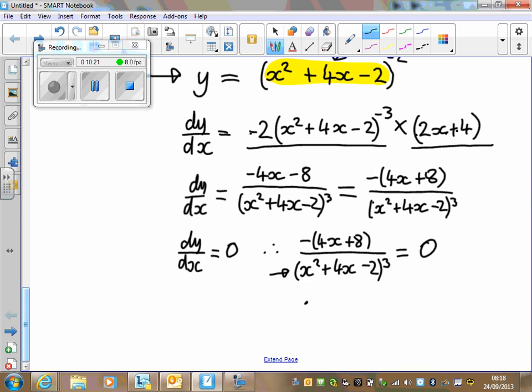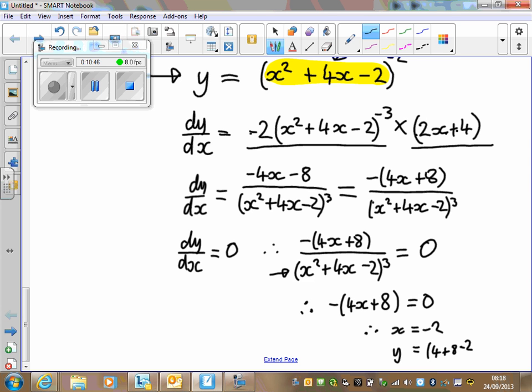Now, the denominator can never be 0, we cannot divide by 0. If we multiply both sides of this equation by the denominator, we just end up with minus 4x minus 8 is equal to 0. Therefore, it's not rocket science, x is equal to minus 2.